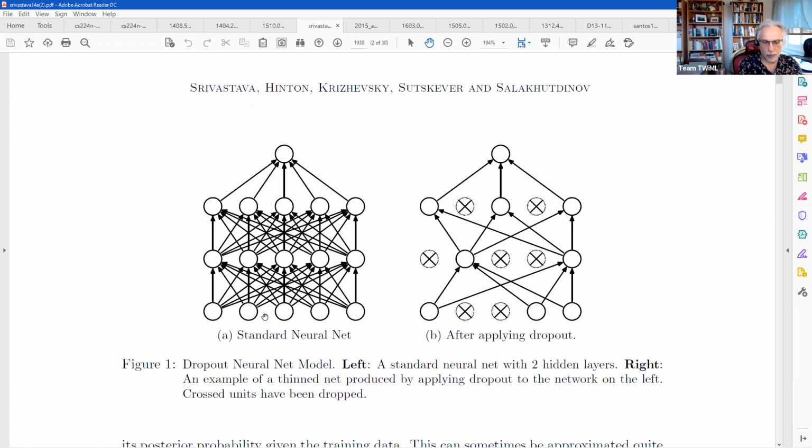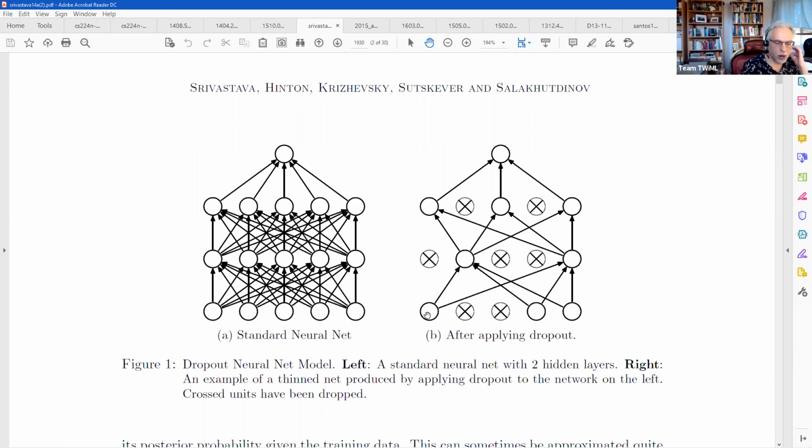You draw a Bernoulli random variable. That means something that's either 0 or 1 with some preset probability. A lot of times they're just using probability of 0.5. So for every node in every layer, you draw this Bernoulli random variable that's either 1 or 0 with probability 0.5.